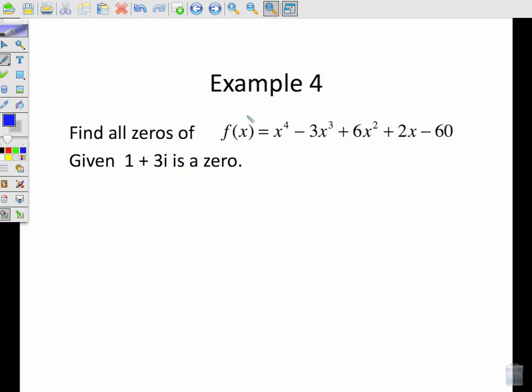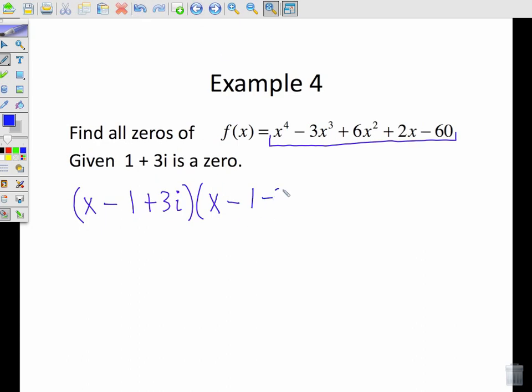All right, that is it. We've got one more problem, and what I would like you to do is pause the video. Okay, pause the video here. I'm going to go ahead and get you set up, and then I'm going to see if you can get through the rest of this one. Here's your original polynomial. You're given one of the zeros is 1 plus 3i. So you would do x minus 1 plus 3i.